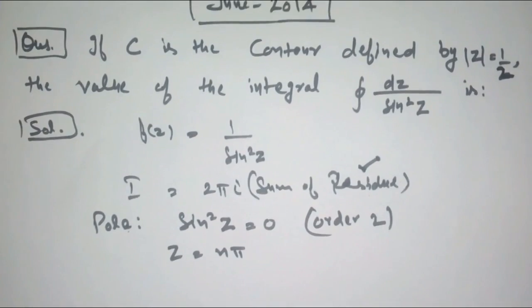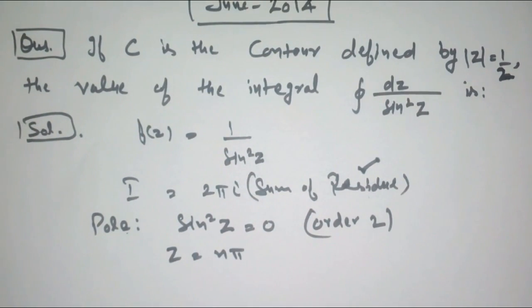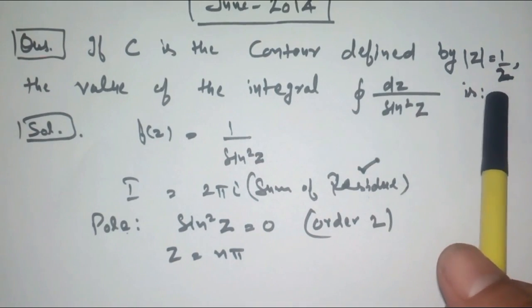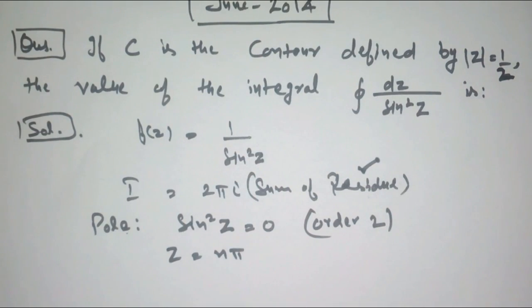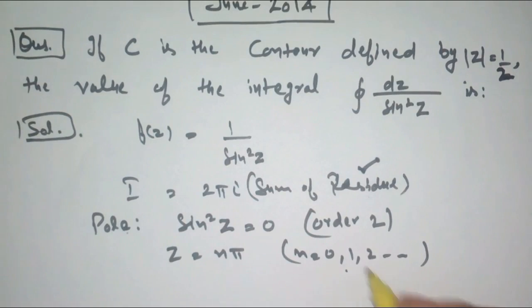Now in the question we have the condition that mod z is equal to 1 upon 2, so the value which is greater than 1 upon 2 will not exist in the contour. Here we have n equal to 0, 1, 2, and so on. For n equal to 1, the value of z becomes greater than 1 upon 2, so that will not exist under the contour. So we have n equal to 0 which is under the contour, that means z will be equal to 0.